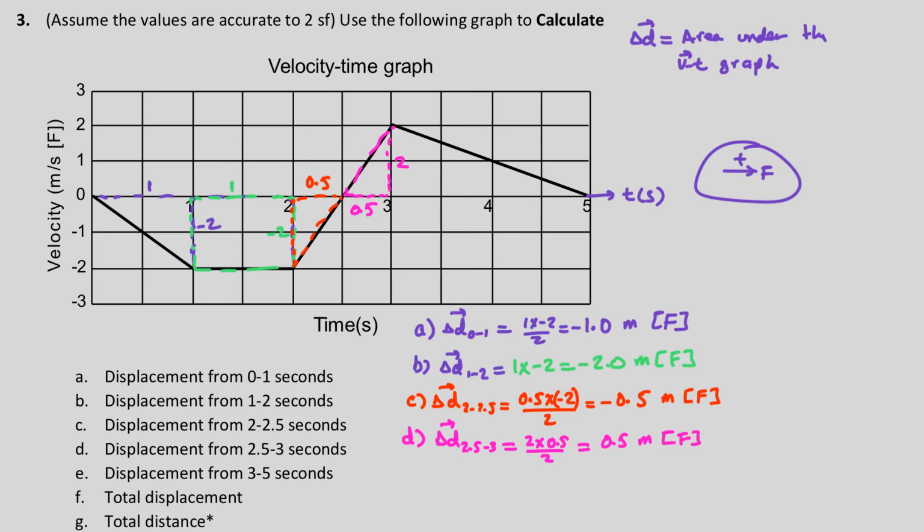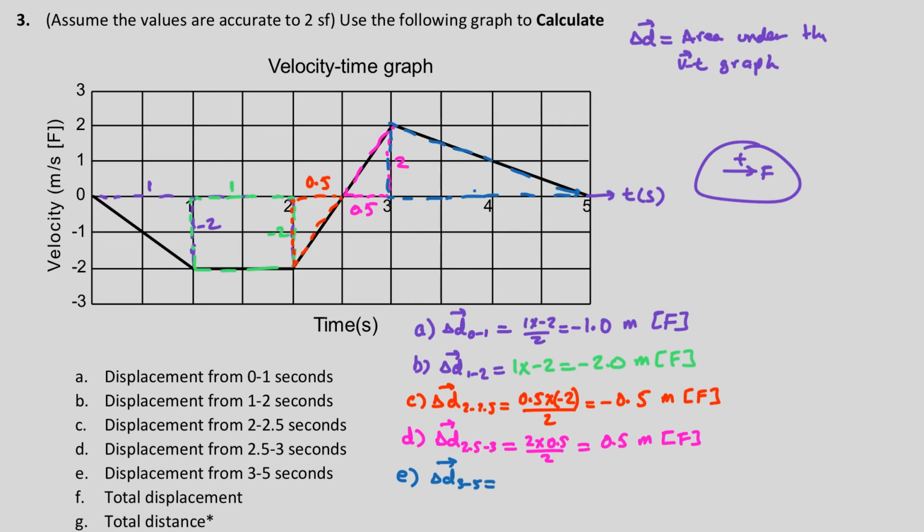And finally, let's do this one in dark blue. So we got our last section over here. We got part E, that's the displacement from 3 to 5.